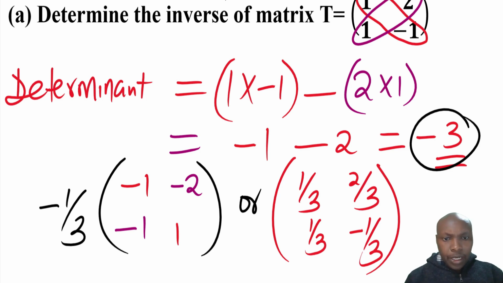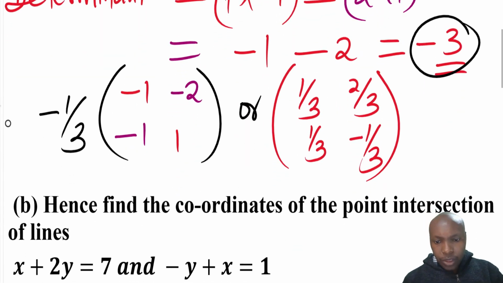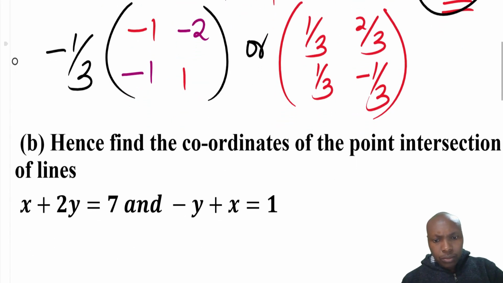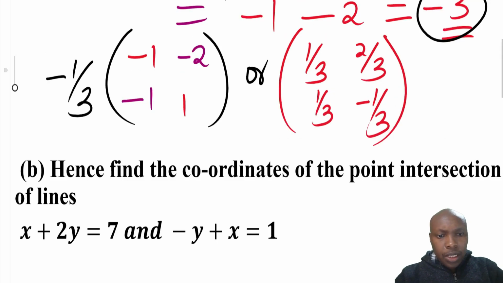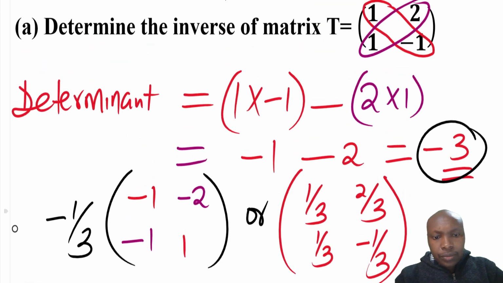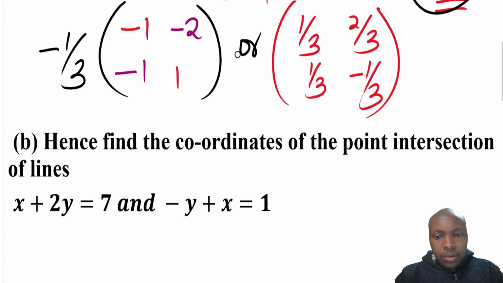Now, the next question is: hence find the coordinates of the point of intersection of the lines. These questions are connected to each other. The solution we got in the first part will determine how we work out the second part.